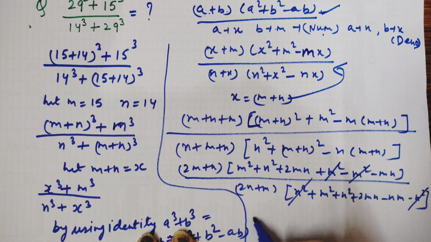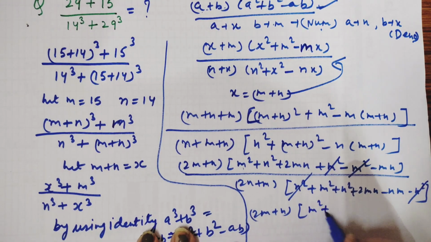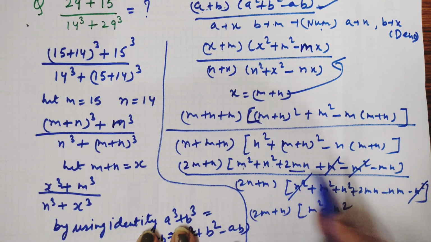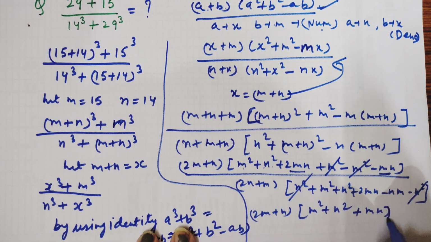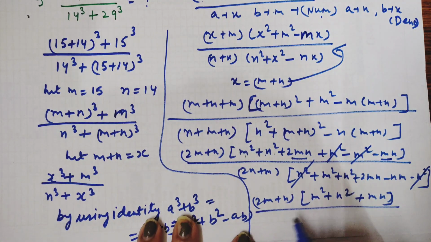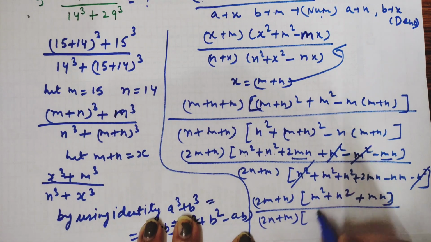So in the numerator 2m plus n is remaining, and here m square plus n square, 2mn minus 1mn is equal to mn, positive with positive sign, and 2n plus m.